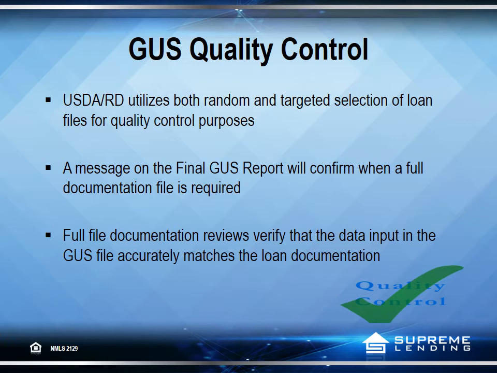The USDA Rural Development utilizes both random and targeted selection of loan files for quality control purposes. A message on the final GUS report will confirm when a full documentation file is required. Full file documentation reviews verify that the data input in the GUS file accurately matches the loan documentation.